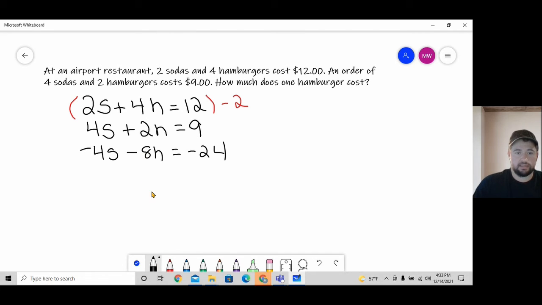And I'll end up with 6h equals, and let's see, 9 minus 24, 6h is going to equal 15. Divide by 6, divide by 6, h equals 2.5, or $2.50 a hamburger.